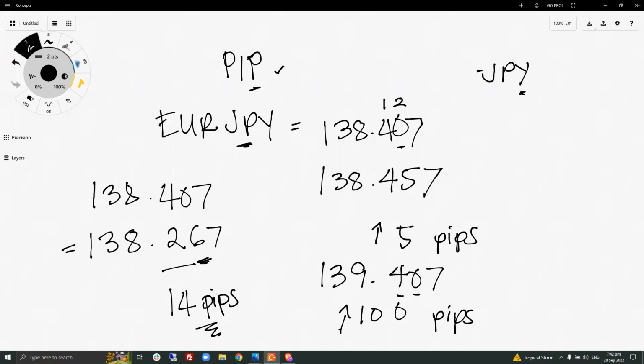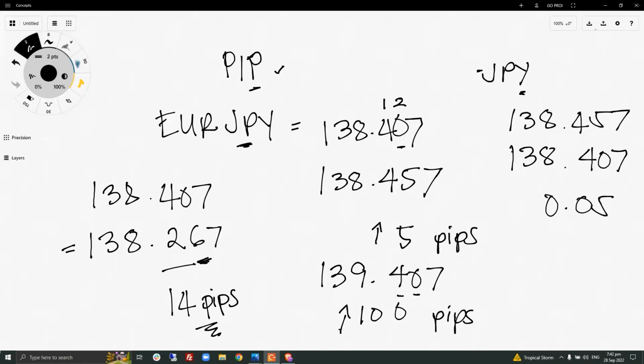Pwede nyo rin naman siya gawin sa calculator kasi ima-minus nyo lang naman. So on this example, 138.407, ma-minus nyo yung lalabas. So ang lalabas kasi dito sa calcu is 0.05, right? So automatic, kapag 2 decimal times 100, kapag 5 decimal, then that's times 10,000.